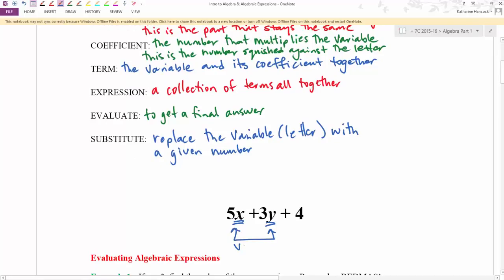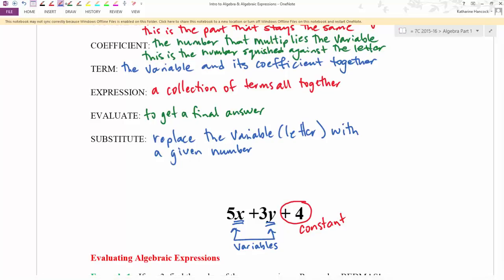X and y are the variables. The constant is the number by itself. So in this case, the constant would be plus, oops, not sure where those equal signs came from. The constant would be plus 4.